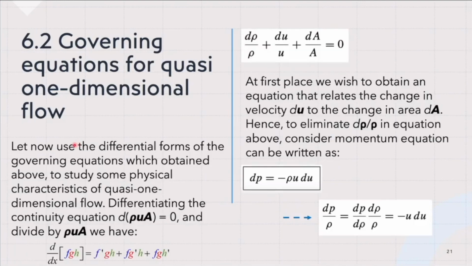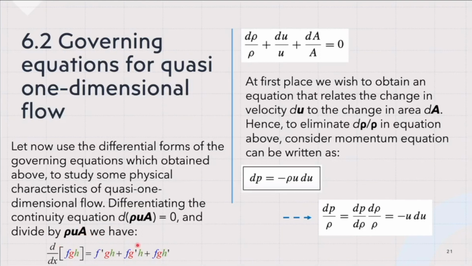Let us now use the differential forms of the governing equations that we obtained in the previous slide to study some physical characteristics of quasi one-dimensional flow, where we differentiate the continuity equation, which is equal to 0, and then divide it by the mass flow, which is rho times velocity times the area.